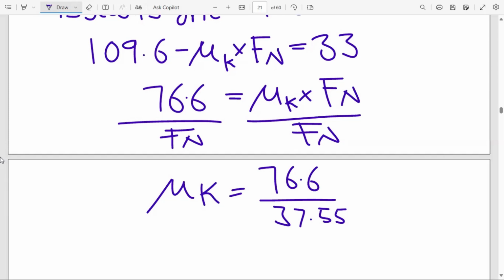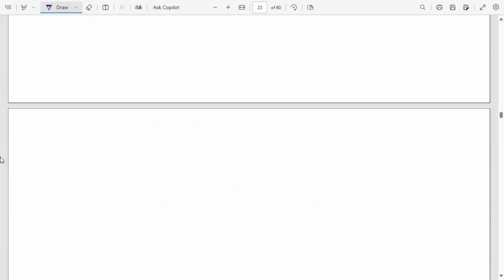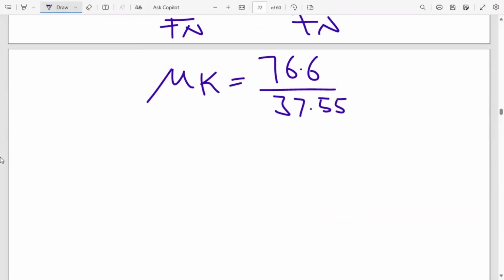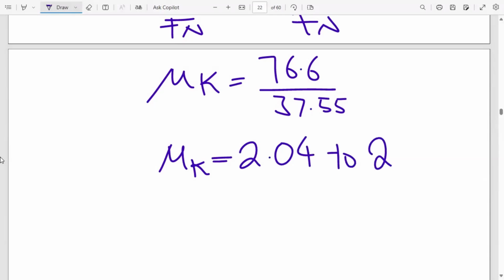Okay, so I've tried to counter check and I've just realized that I haven't made any mistake at any particular step. This is what it's giving me according to the data that they've given us. So mu k is equal to 2.04. This is two decimal places, as they have said.